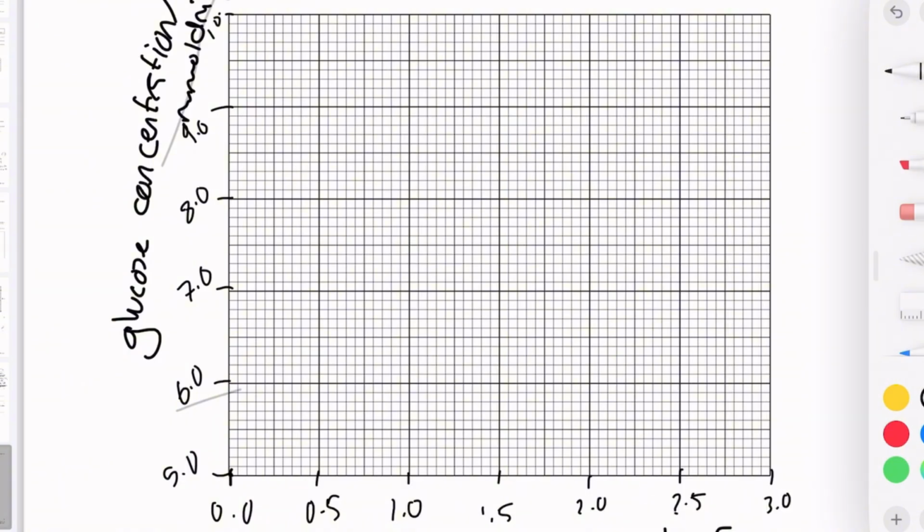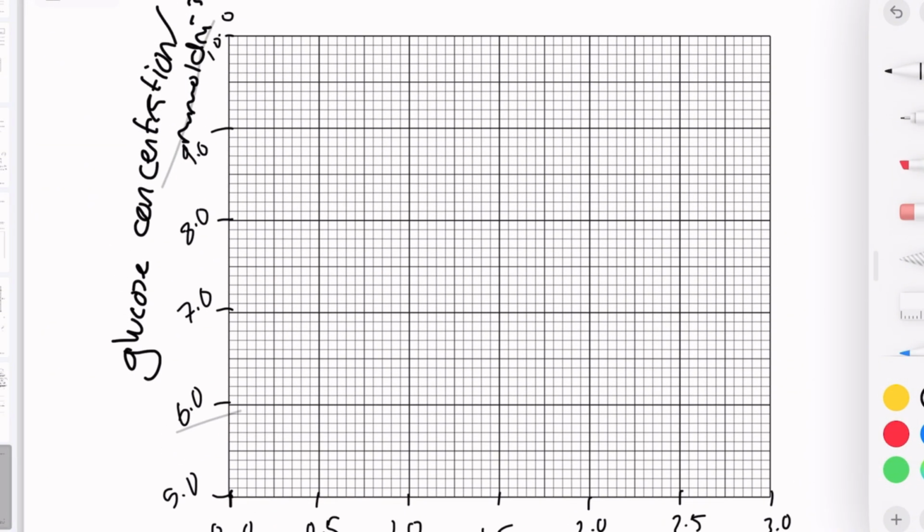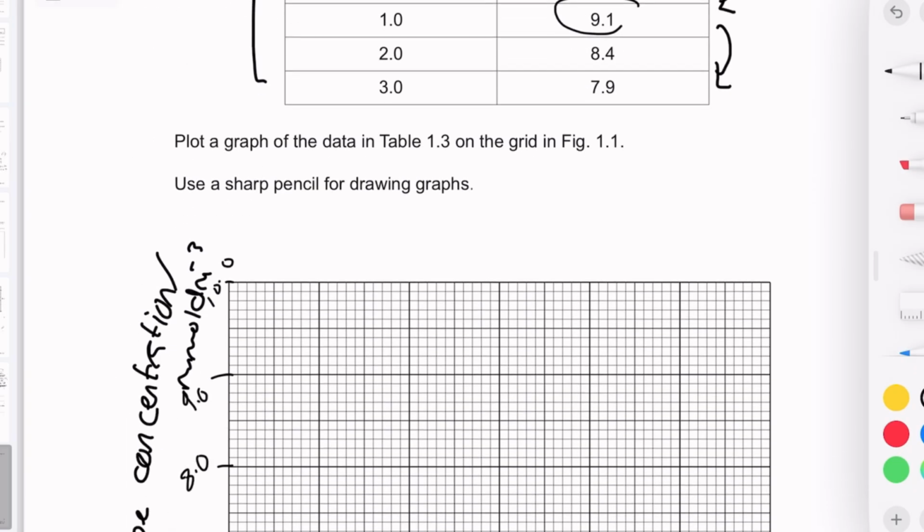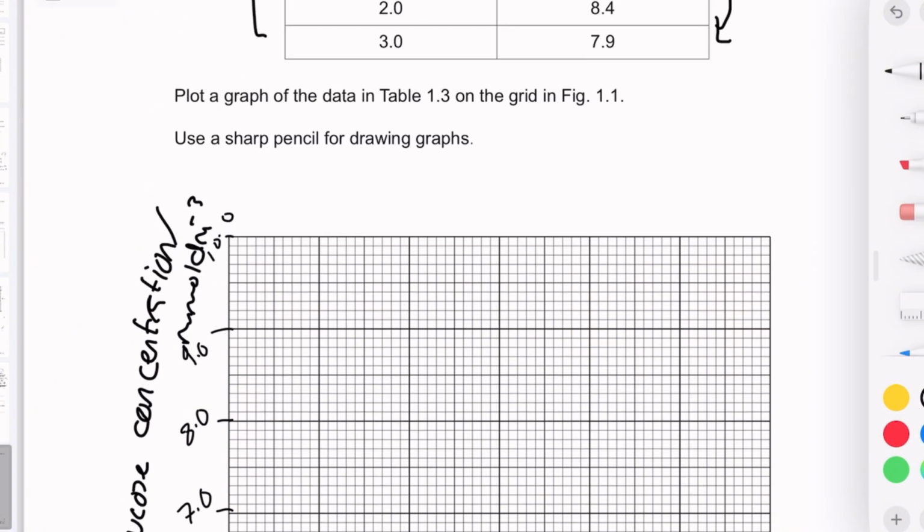Or I can go 5, 5.5, 6, 6.5, 7, but I don't think that will be enough, so it will be best if I go 5.0, 6.0, 7.0, 8.0, 9.0. Here we skipped by 1 because we just need more than half the graph to be filled, and that's exactly what we get, since the biggest point is 9.1. And 9.1 is around here, which is more than half the graph.